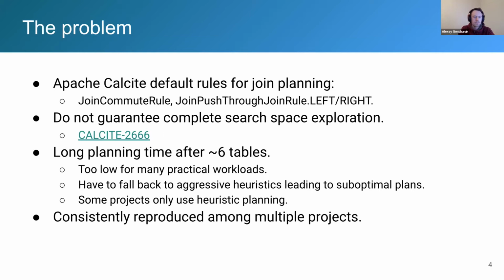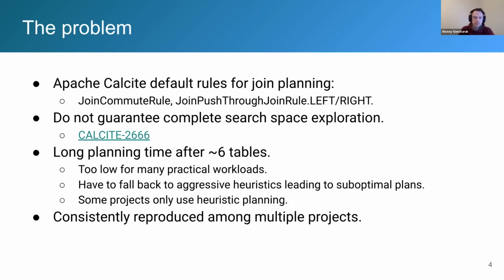And another consistently repeatable issue that we see is that the more tables you have, the larger the planning time is. This is a fundamental restriction, but the boundary at which the planning time exceeds some reasonable amount is reasonably low, and usually it's somewhere around 6 tables. And in practice, this limit is quite small for a practical approach.